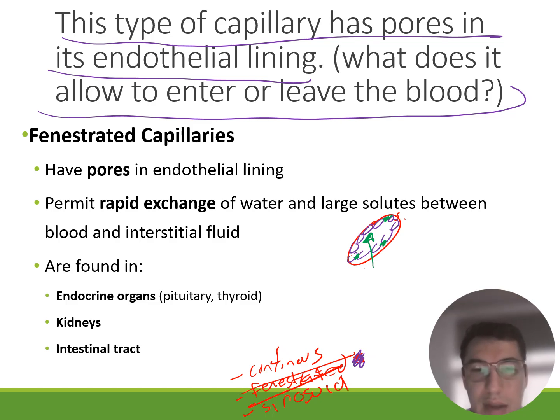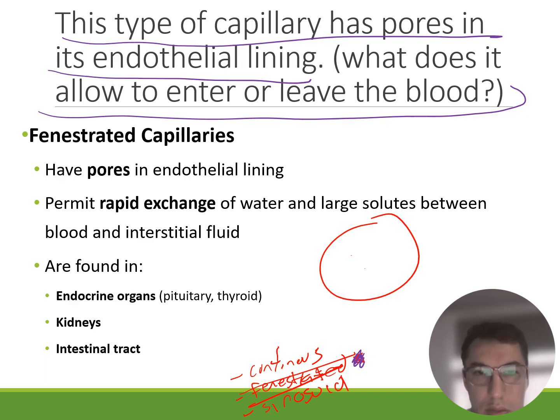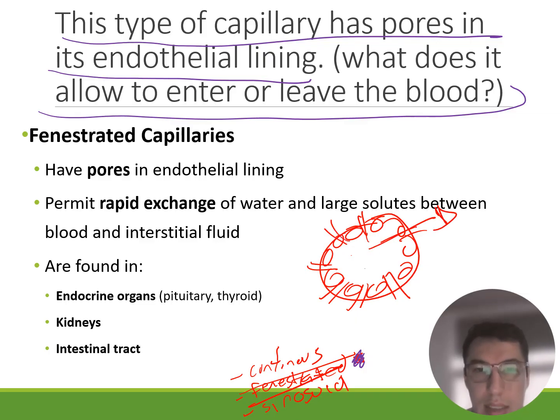How is this different from fenestrated? Well, fenestrated is going to have pores. So we have our endothelial lining, and these pores have channels that allow same-size molecules to enter and leave very rapidly.